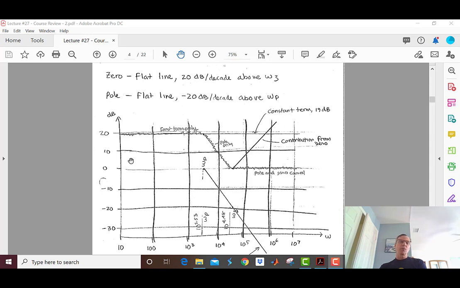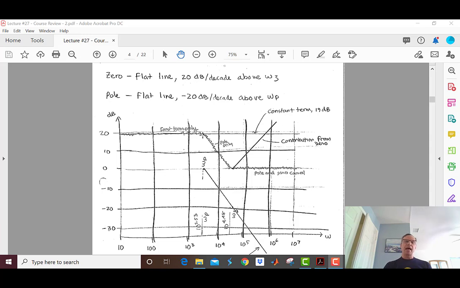And the reason I'm all the way on the left end of my plot is at the left end, I have not encountered any poles or any zeros. All three terms are flat here. And I get 0 dB from the zero, I get 0 dB from the pole, and then I get 19 dB from my constant term. So I draw my wiggler up here at 19.08 dB, and I wiggle it away until I get to the pole frequency.